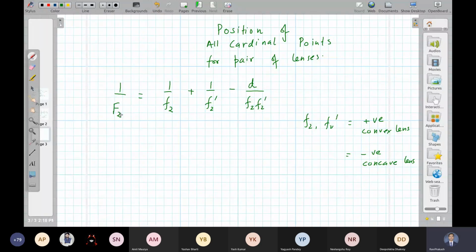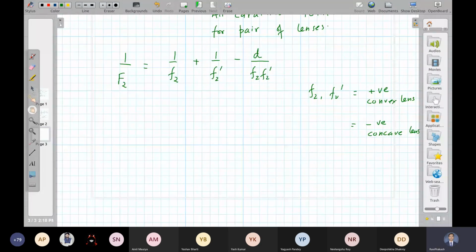If it is negative, it means that the total combination is going to work like a concave lens. We define two other numbers also, beta, which is the distance over the first lens, alpha, the distance over the second lens. Using these numbers, how do we find all the 6 cardinal points?